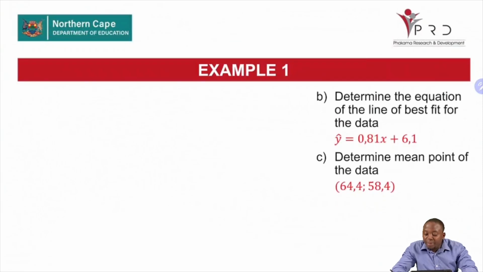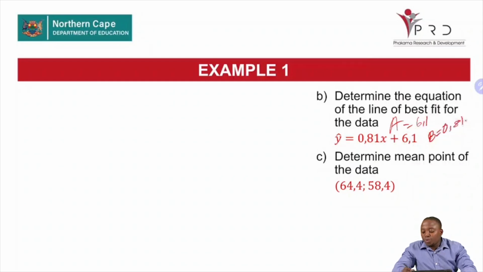The second question says determine the equation of the line of best fit of the data. So in this case, what do we do? We utilize the calculator instructions where we'll find our A in this case will be 6,1 and our B, which is Bx there, will be 0,81. Those are the values that we'll get from the calculator.